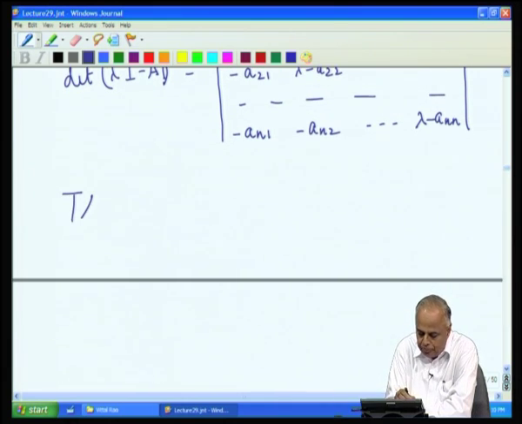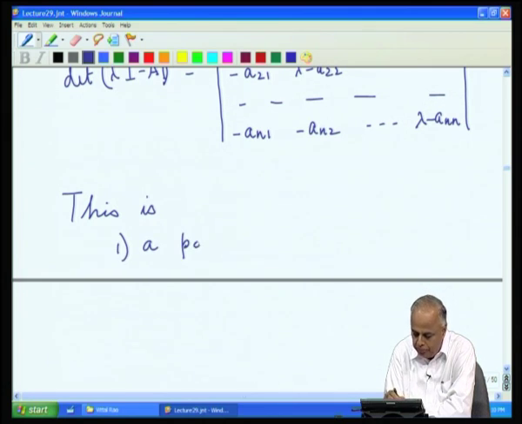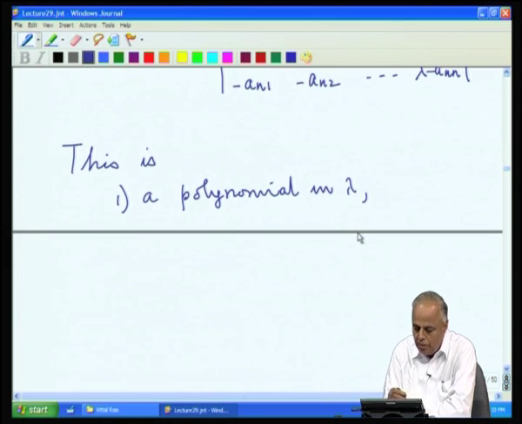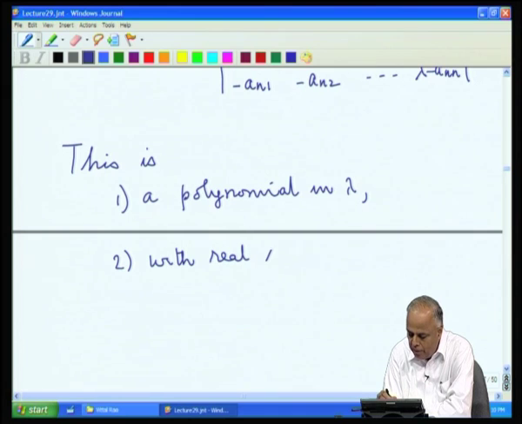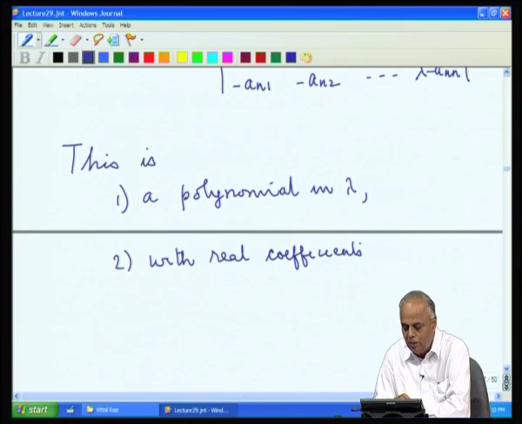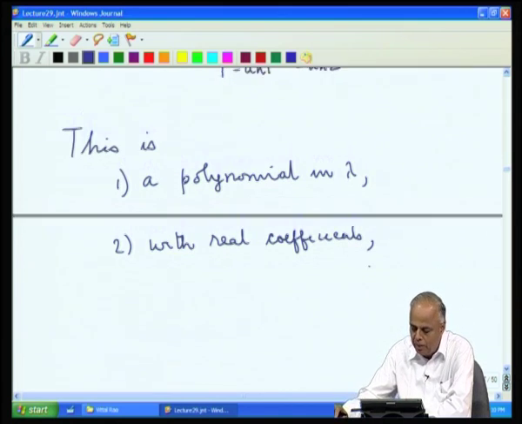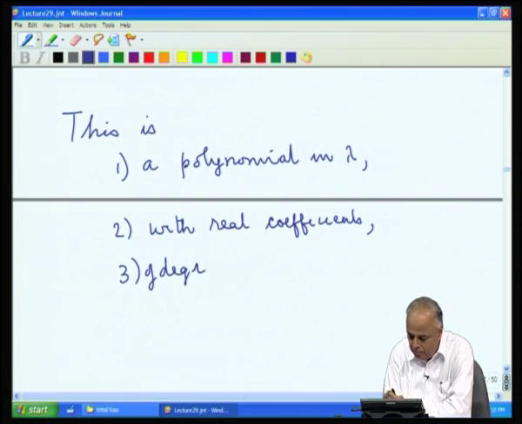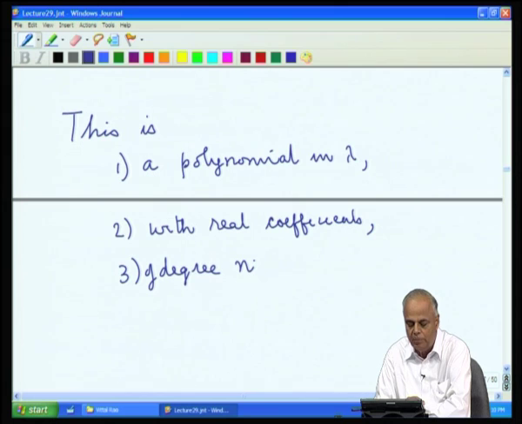So, this is, one, a polynomial in lambda. Two, it is a polynomial with real coefficients, because every entry is real there. So, all the coefficients are going to be real in that polynomial. The highest degree term is going to be lambda to the n, so degree n.